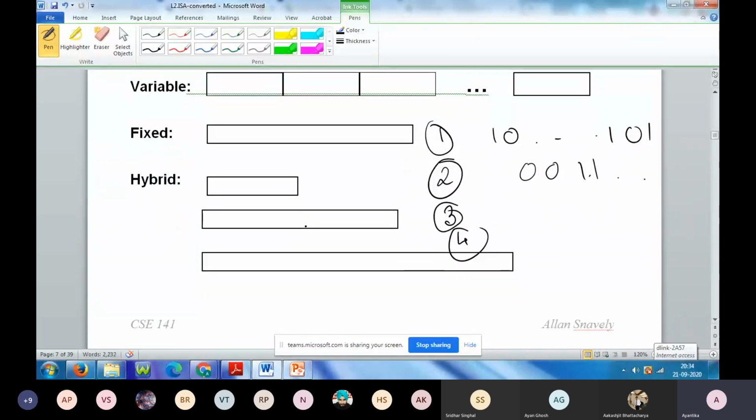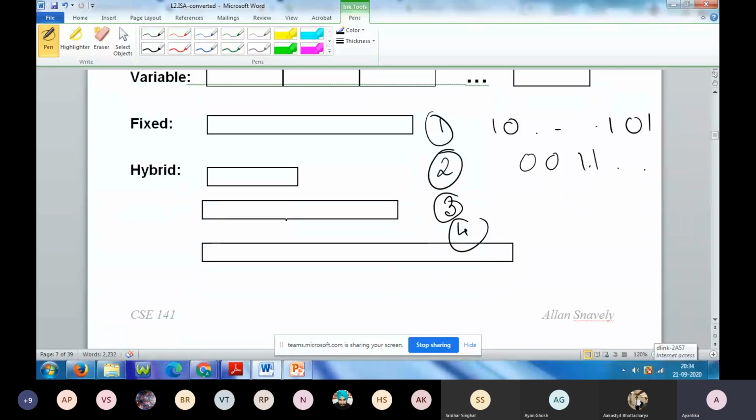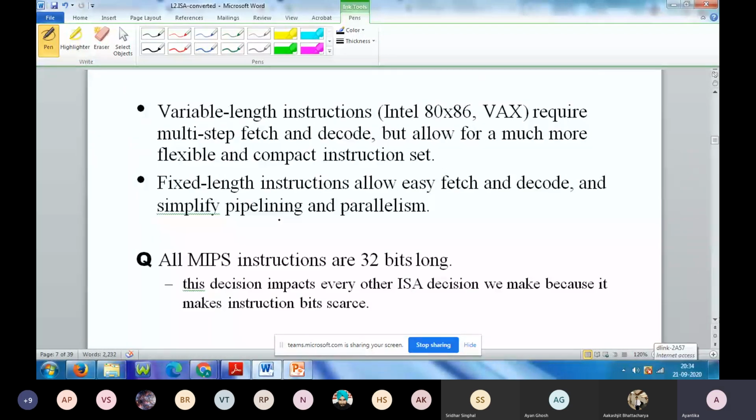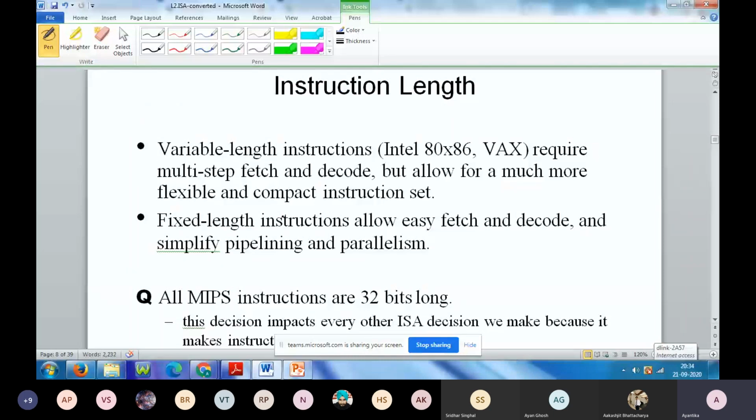If it is fixed, it gives us some restrictions, but from a designing perspective it is comparatively easy. There are also different examples of variable length instructions, due to the added requirement of flexibility. You should have the idea that we can have instructions of fixed length, maybe variable length.